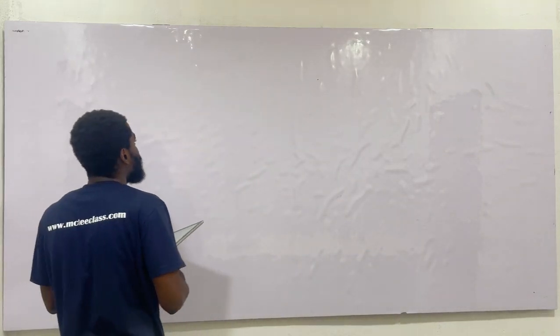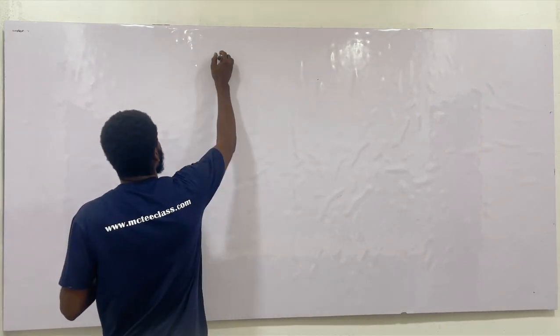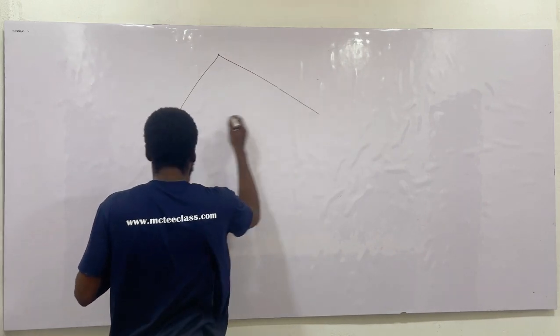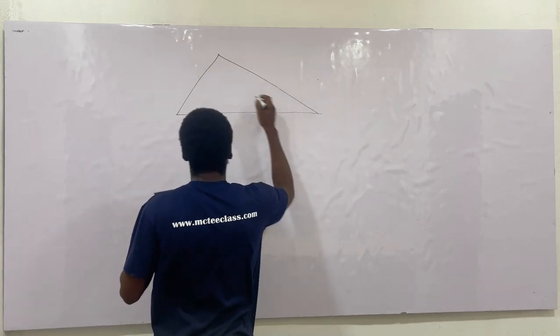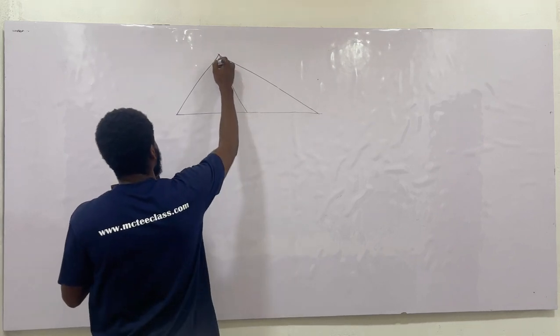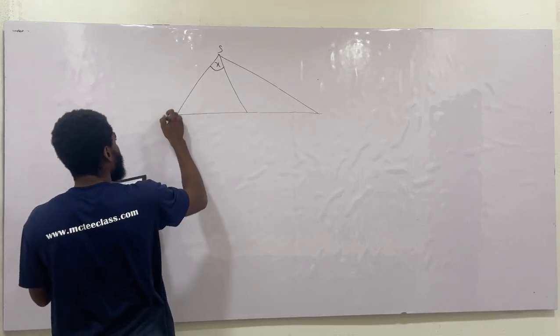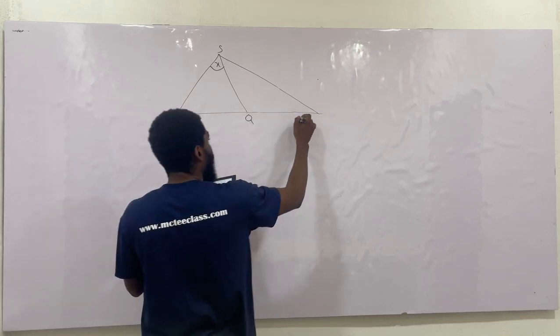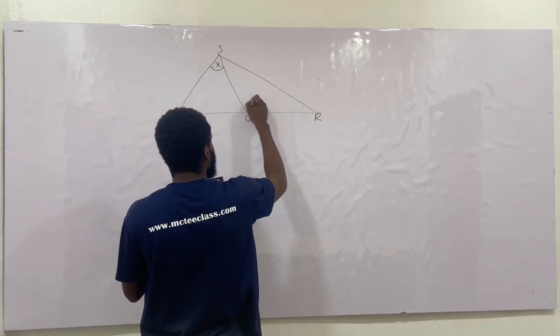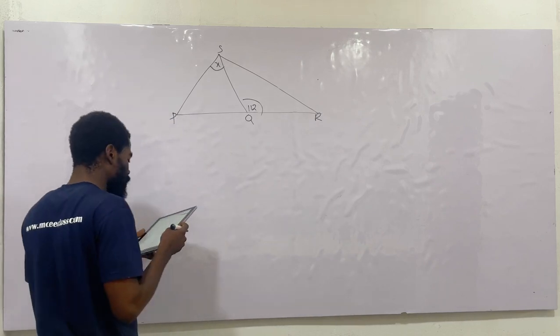Let me draw this angle. That is vertex S, points P, Q, and R. 112 is the angle here. Good. Now, the question.